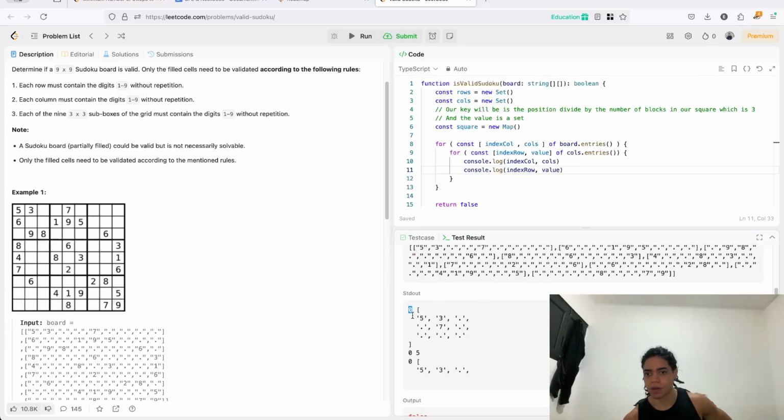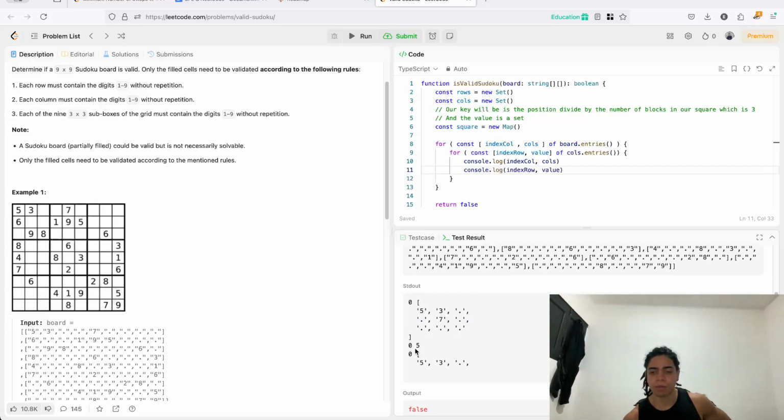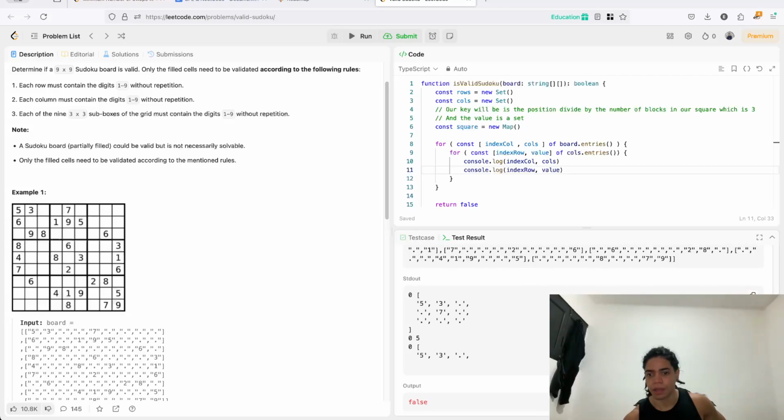So this is now the index of the column, followed by the values. And then this is the index row, that position.